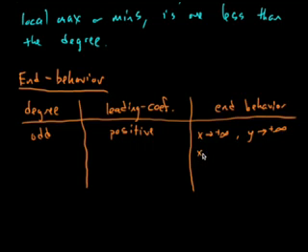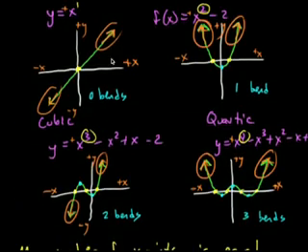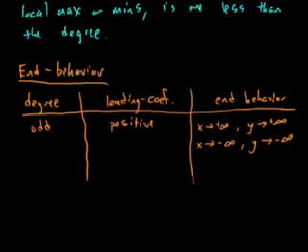And when x went to negative infinity, we knew that y went to negative infinity, right? So what I'm saying here is when we went to the right, the y was getting bigger. When we went to the left, the y was getting smaller. And that was true for either of these odd degree functions.